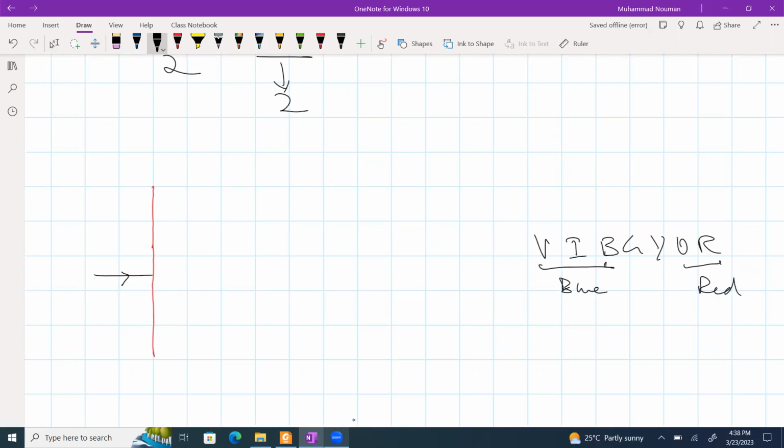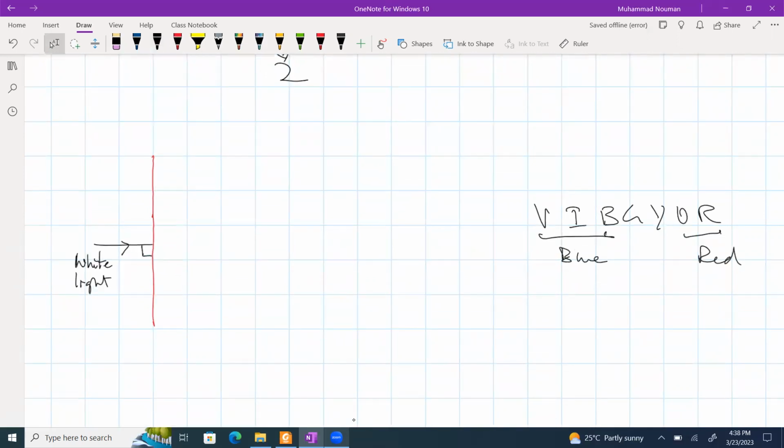Now I'm writing here: white light is incident normally on a diffraction grating. Let's see what kind of pattern we obtain with white light. First of all, the white light goes straight and we get a white bright light here, and that white bright light is simply the zero order.